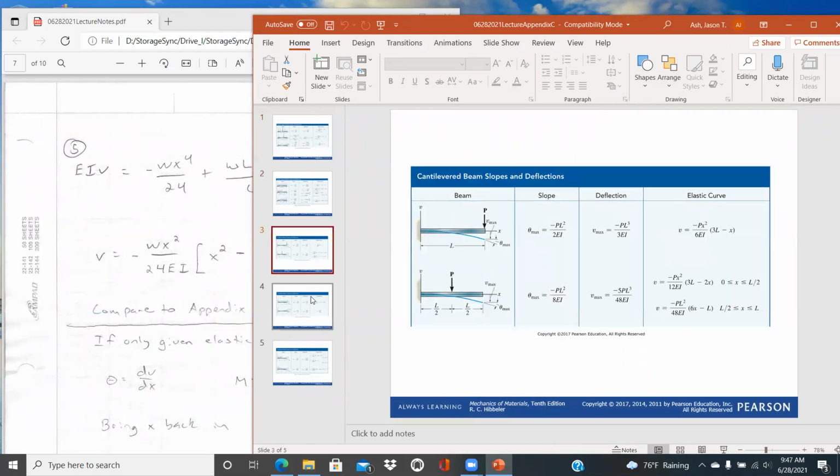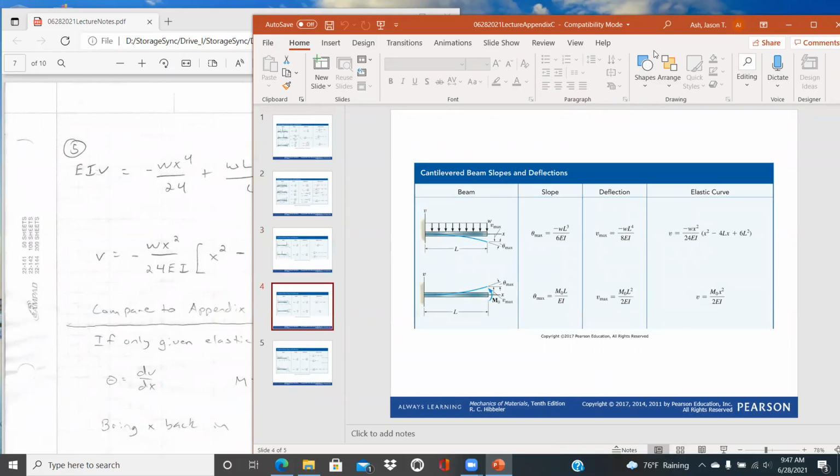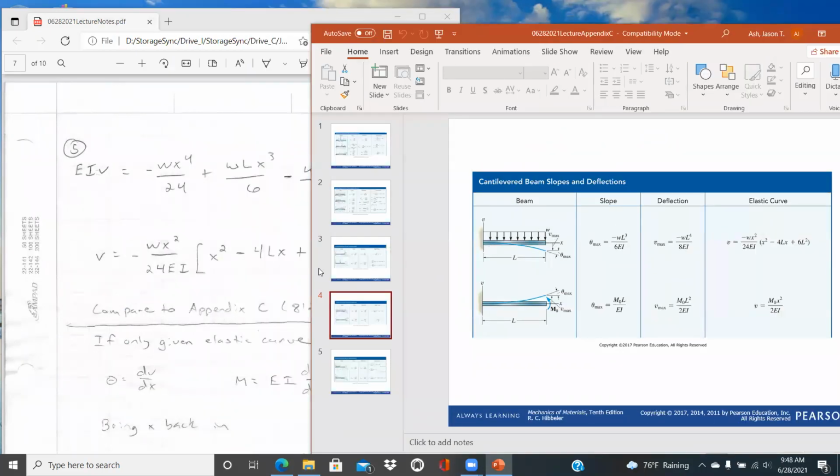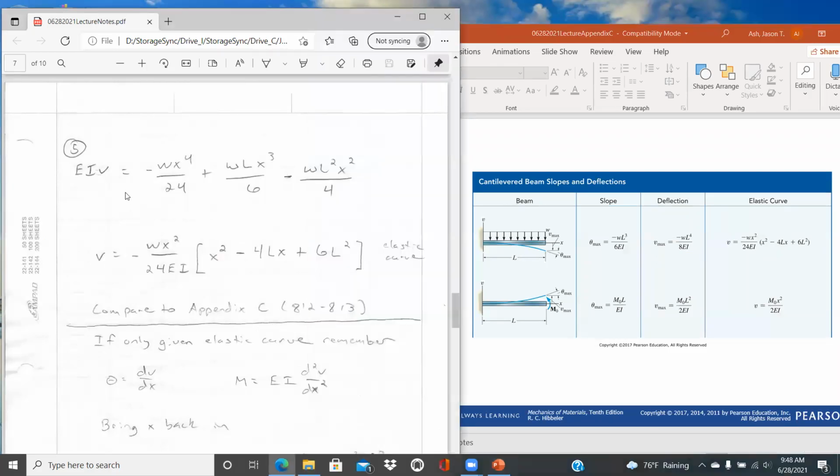And so as you go through here, we found on the 4th slide there the elastic curve for this distributed load on a fixed free beam. Again, I don't know if I've been saying that, but this is known as a cantilevered beam.